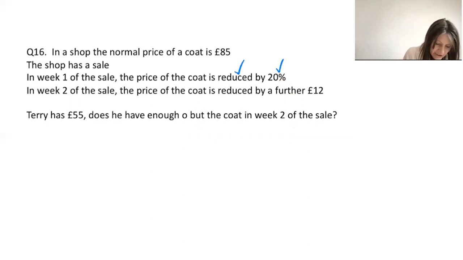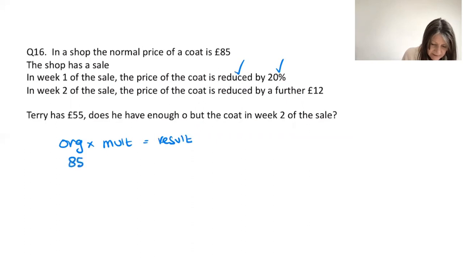It's a 2-tick question. So it's original times multiplier equals result. The original is £85. The multiplier is 100 take 20, which is 80. Okay.